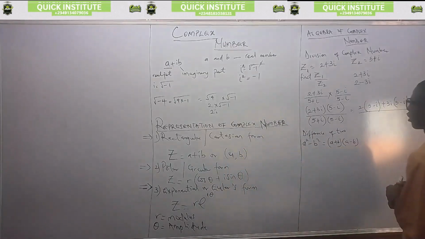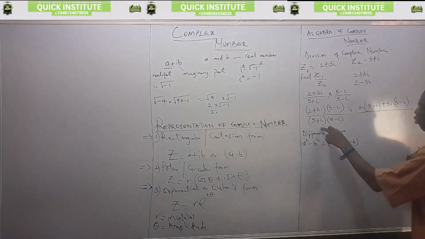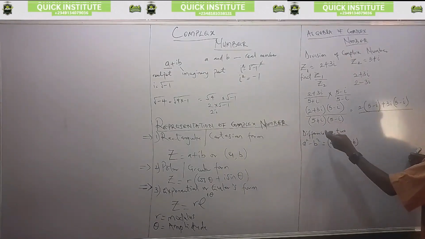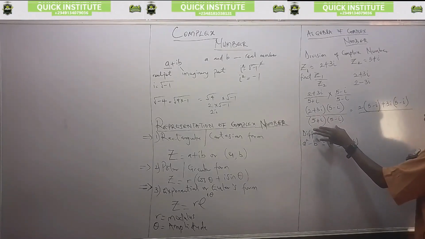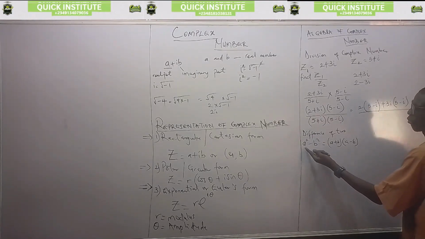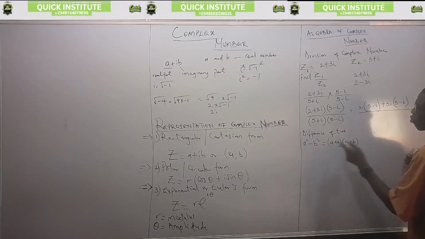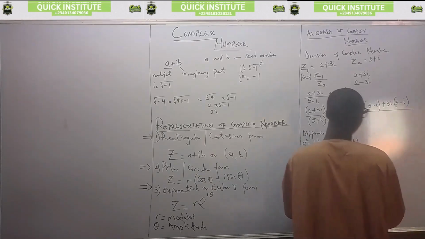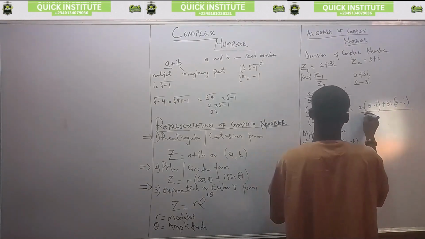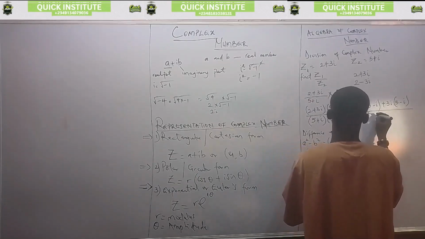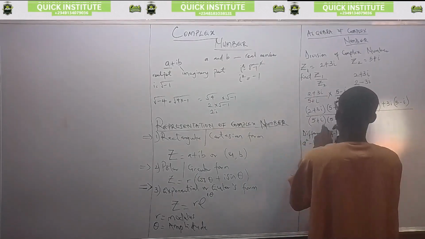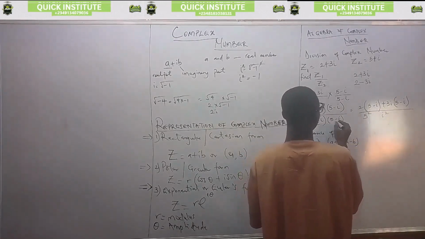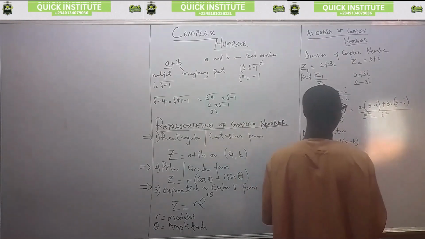In the denominator we have a plus b and a minus b, which is a difference of two squares, equal to a squared minus b squared. So a squared is 5 squared minus i squared. Plus times minus is minus.